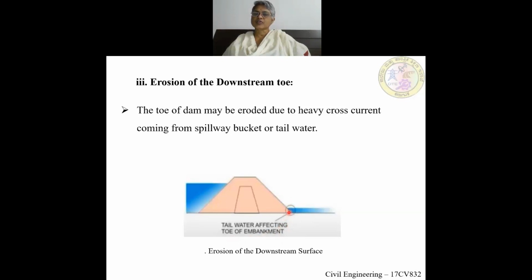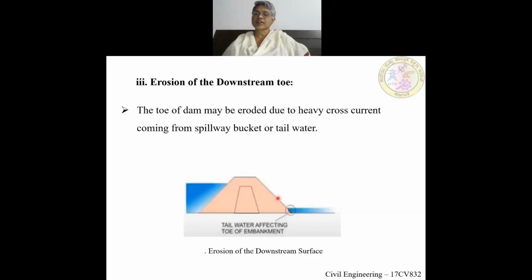So here also you have to protect the toe. The toe of the dam may be eroded due to heavy cross currents coming from the spillway bucket or tailwater. Spillway bucket is a device which is used for dissipating the energy of the flow from the spillways. I told you spillway is used to discharge the excess water from the reservoir to the downstream side.